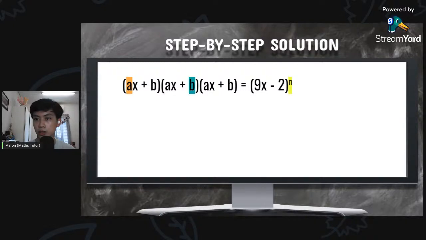Let me draw. So I will show you. If we represent this as 3, and then we multiply with 3 again, then we multiply with 3 again. Is it okay?